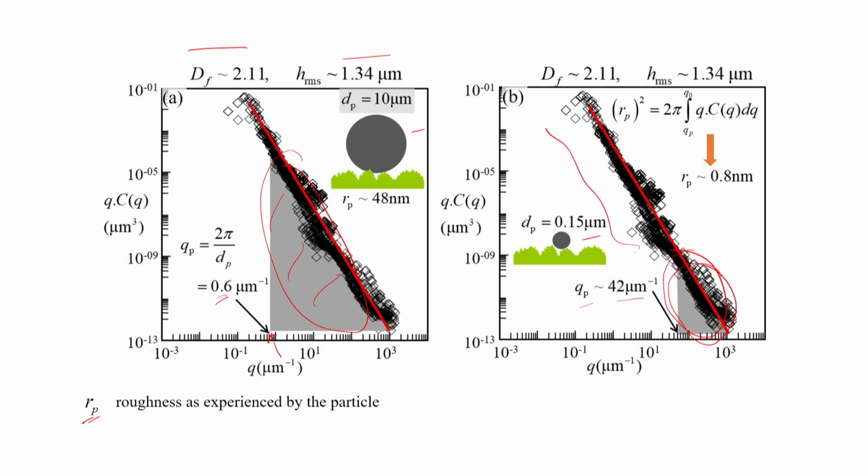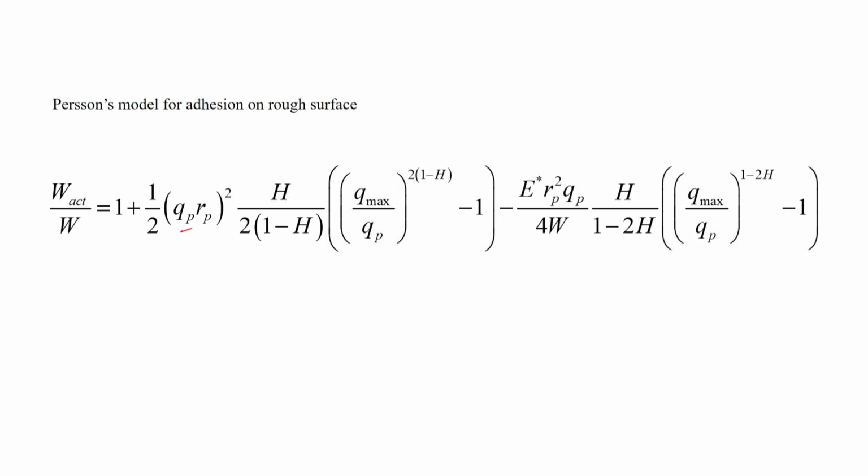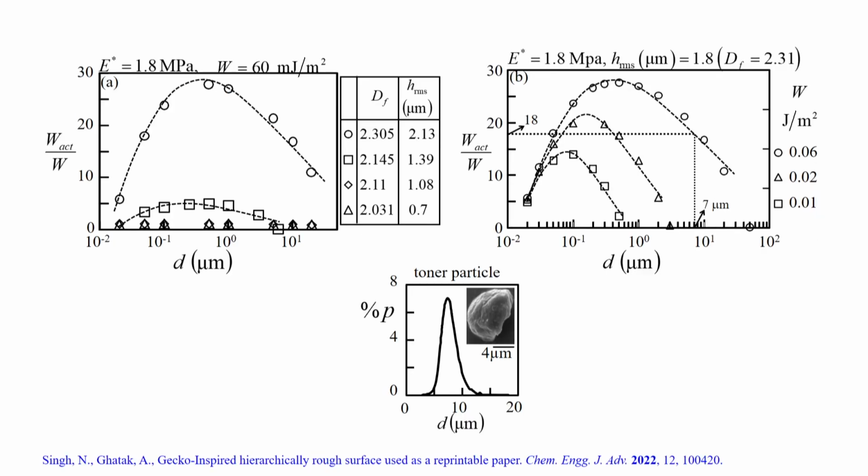So, we have to consider accordingly, and we do all this calculation as per this equation, and then we can see how this work of adhesion will vary for these different cases.